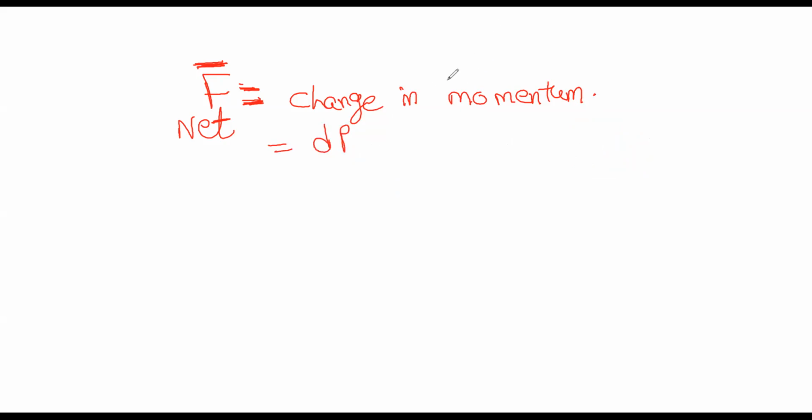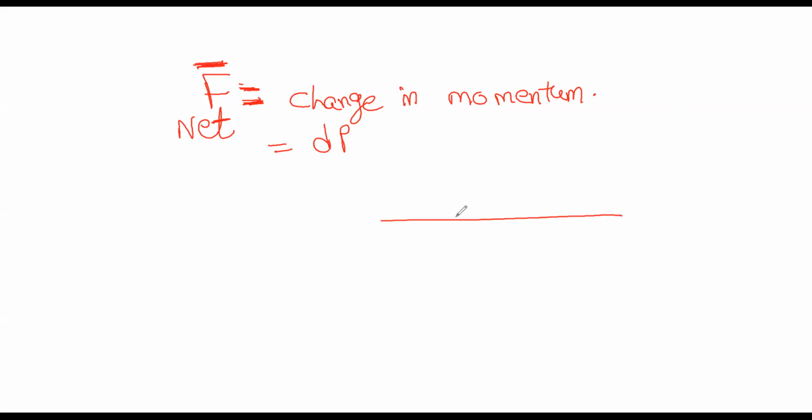Delta P is the same as dP. D is just equivalent to difference. When we use this difference, let us suppose this is a straight line.